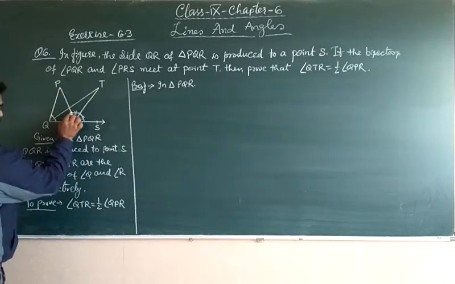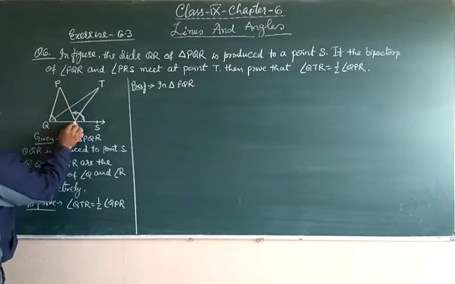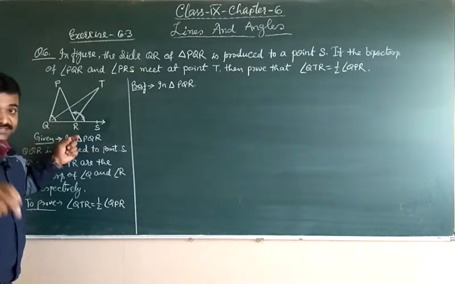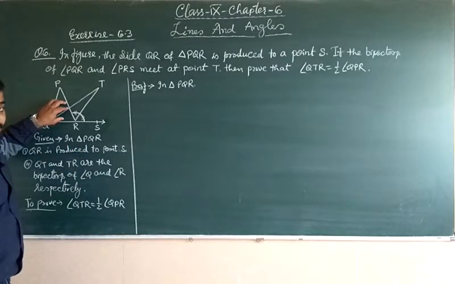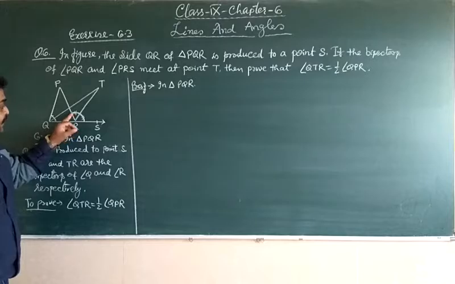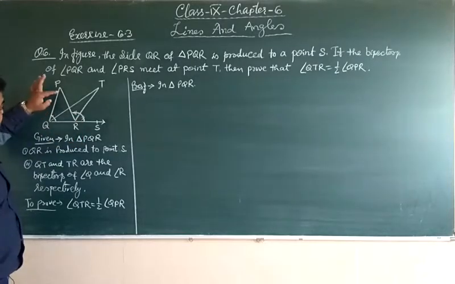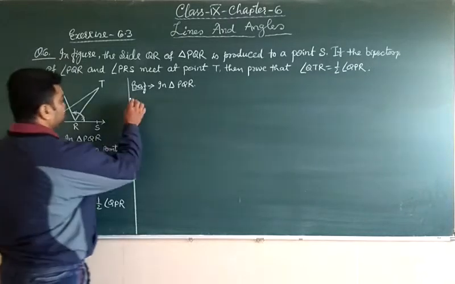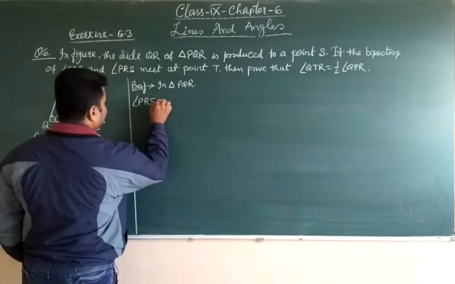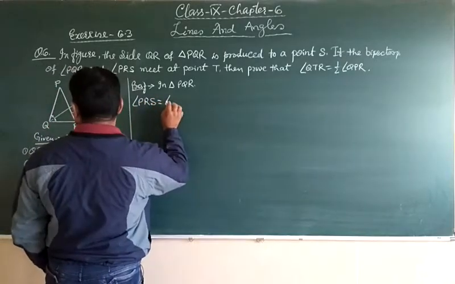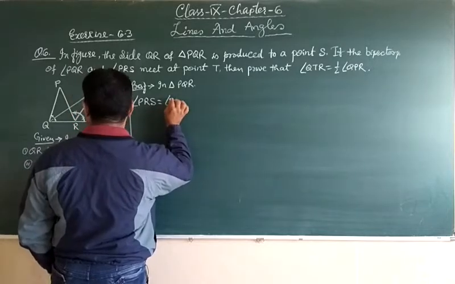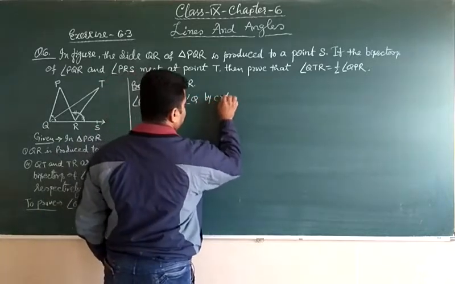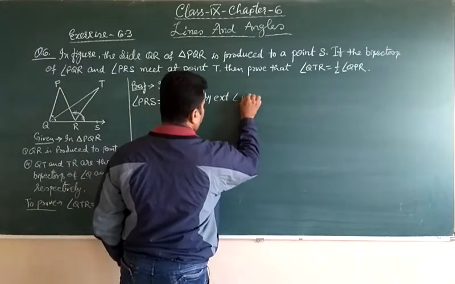This angle, that is PRS, is the exterior angle of triangle PQR, and this exterior angle is equal to the sum of this angle and this angle. Got it? Now, angle PRS is equal to angle QPR, or we can write angle P plus angle Q, by exterior angle property.